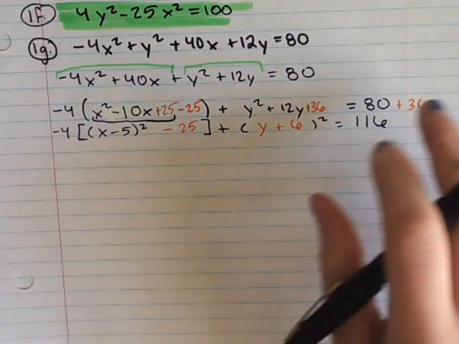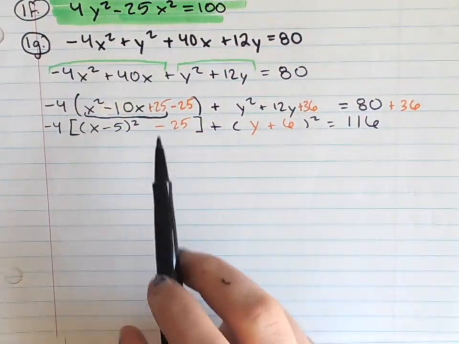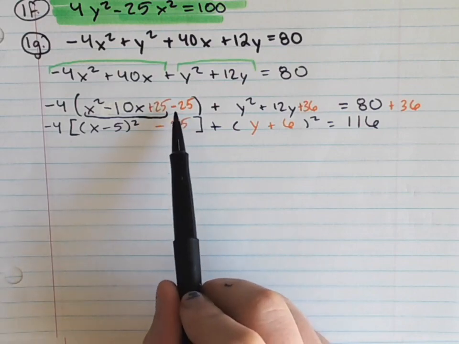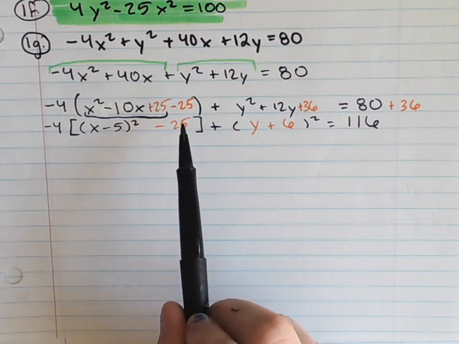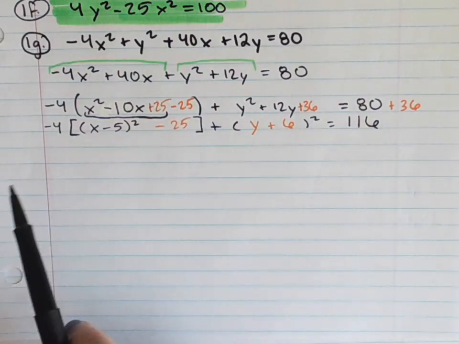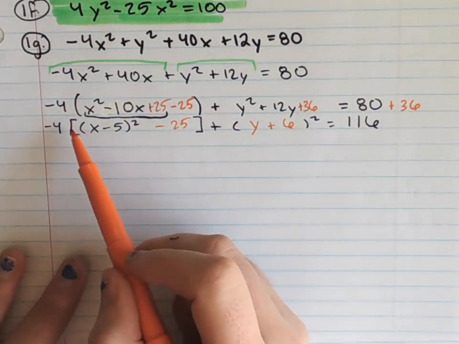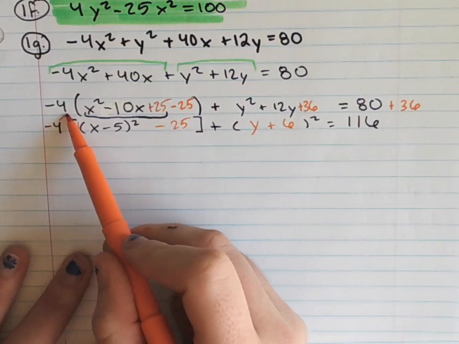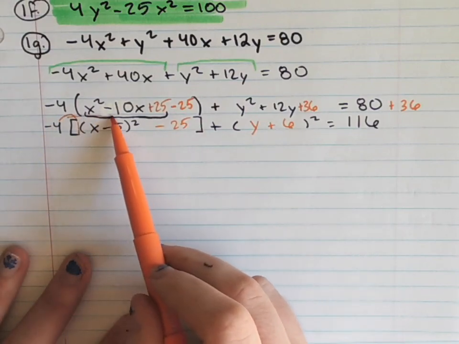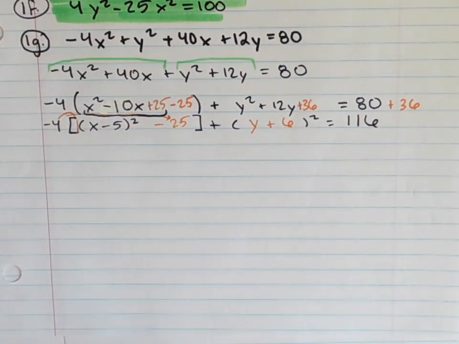All right, we're getting there. I really don't want this 25 on this anymore, so I would like to move it over here. But before I do that, I need to multiply by that -4. So you can imagine distributing this -4 to that 1 in front and to that 25.